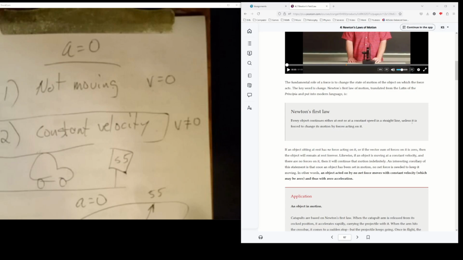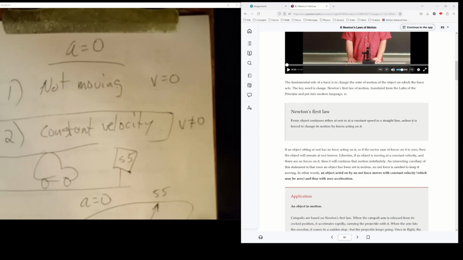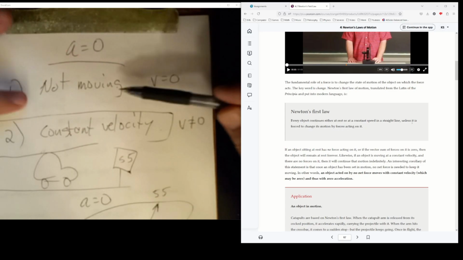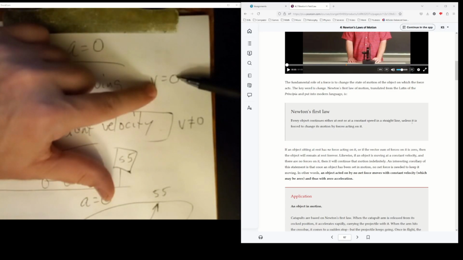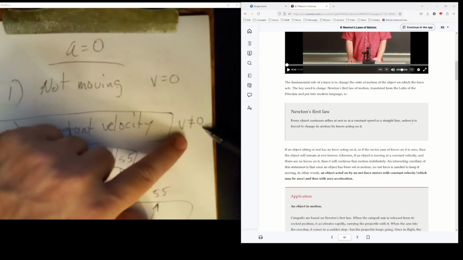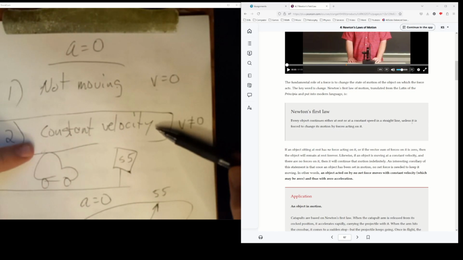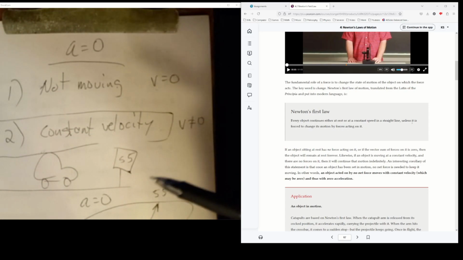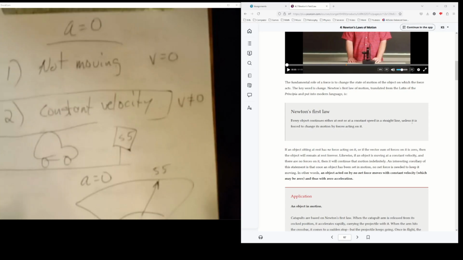These are the two cases I'm trying to stress to you because these are the ones that get mixed up. Acceleration is zero: you're not moving if your velocity is zero. You could also have an acceleration of zero where your velocity is constant, something that's not zero, and you're just moving at constant velocity. The best example of this is when you drive the speed limit. That's an example of zero acceleration.